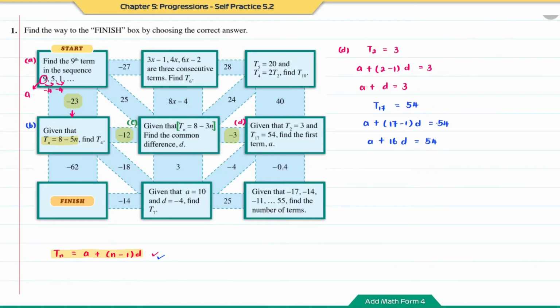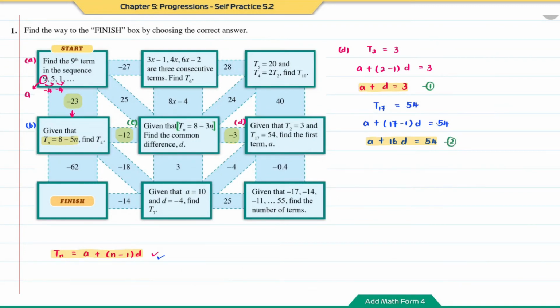Now let us focus on these two pieces of information, as you have two variables A and D. We're going to solve this using the simultaneous linear equations method. Here I'm going to use the elimination method. I'm going to let this one be my equation number 1 and this one my equation number 2.